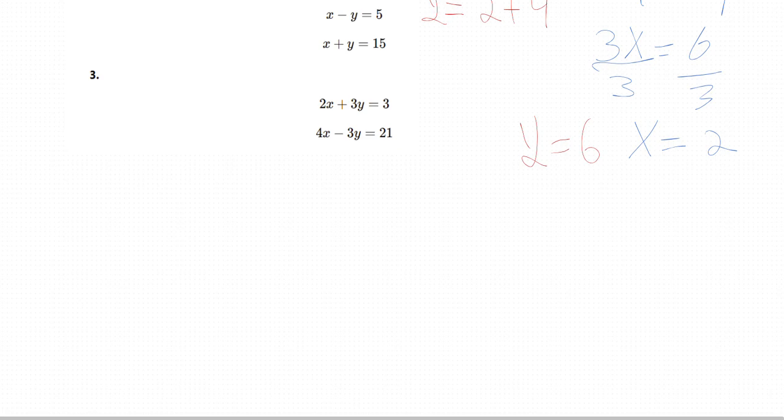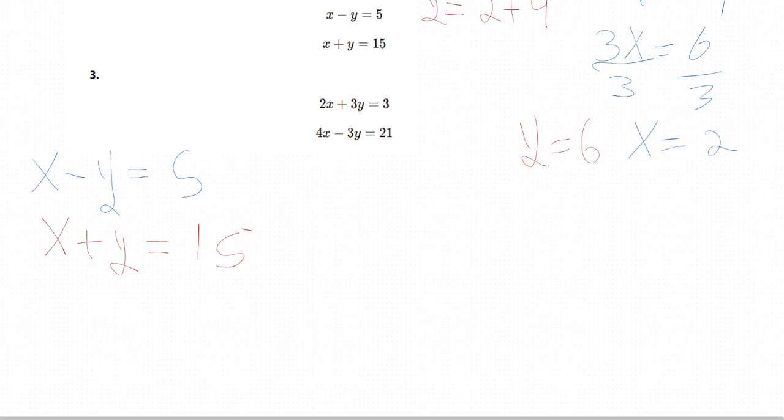Let's work through the next one here. Alright, so here we're not given what y equals. We're going to have to use the elimination method. So let's set it up in such a way that x minus y equals 5, x plus y equals 15.